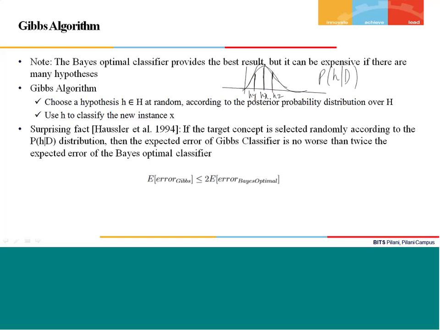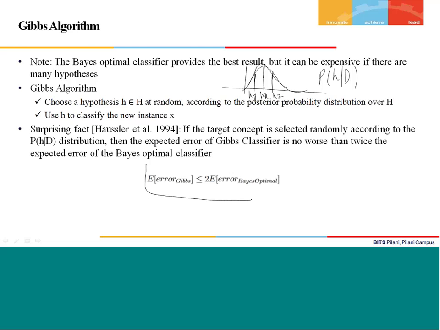What Gibbs is saying in his algorithm is that you pick any hypothesis according to the posterior distribution, and classify according to that hypothesis only. Just believe that that hypothesis is correct.